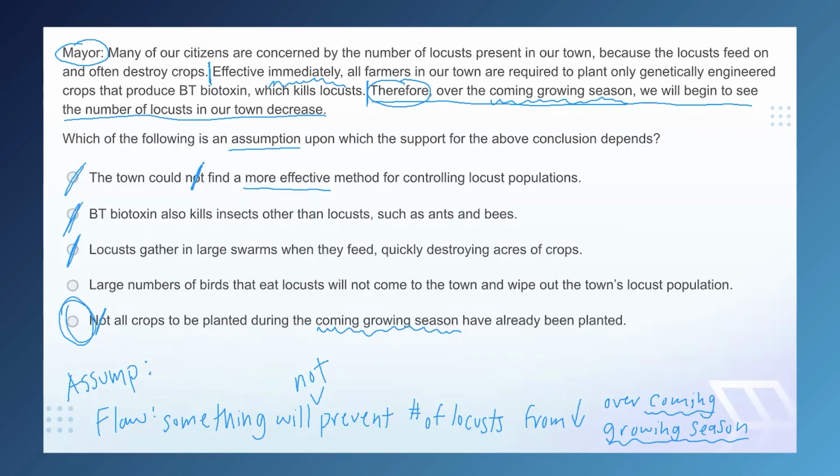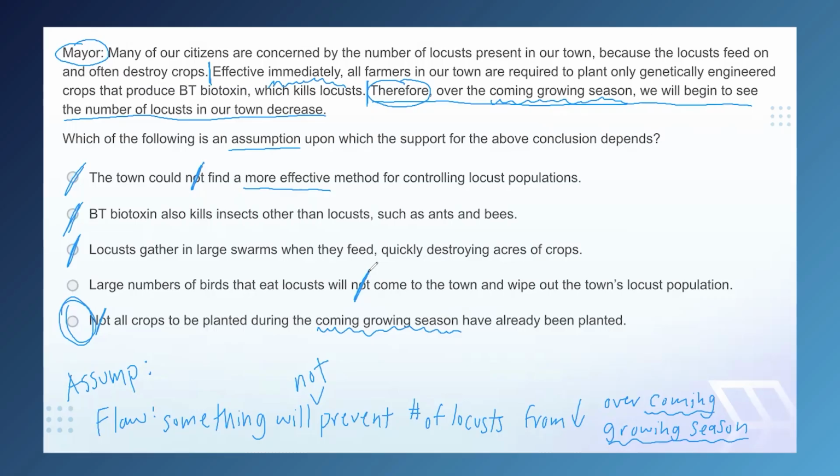All right, D, large numbers of birds that eat locusts will not come to the town and wipe out the town's locust population. This one is kind of hard to parse, so let's just go ahead and negate and see if this is our flaw. Okay, large numbers of birds that eat locusts will come to the town and wipe out the town's locust population. Will that keep the number of locusts from decreasing? Well, no, it's actually going to make it decrease more.